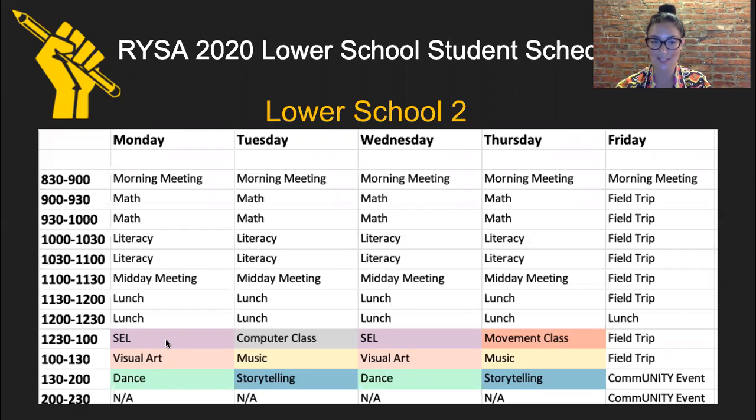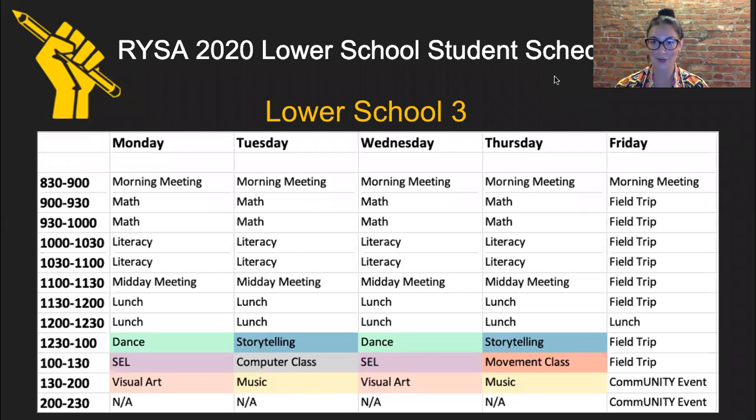SEL on Mondays and Wednesdays, computer class on Tuesdays, and movement class on Thursdays. From 1 until 1:30, visual art on Monday and Wednesday, music on Tuesday and Thursday. From 1:30 to 2, dance on Monday and Wednesday, storytelling on Tuesday and Thursday. And all lower school students are offline by 2 p.m. Monday through Thursday. So this last field from 2 until 2:30 is marked as not applicable.